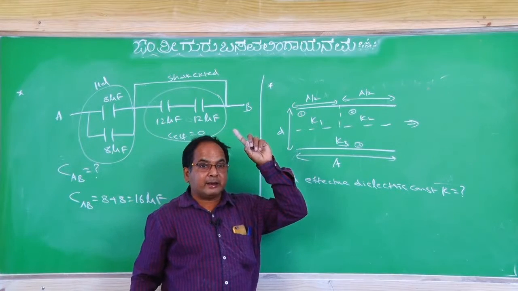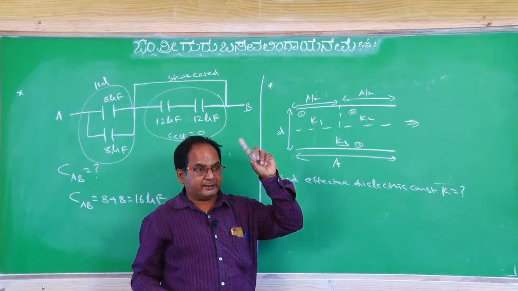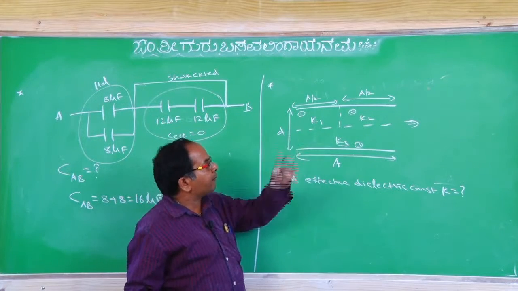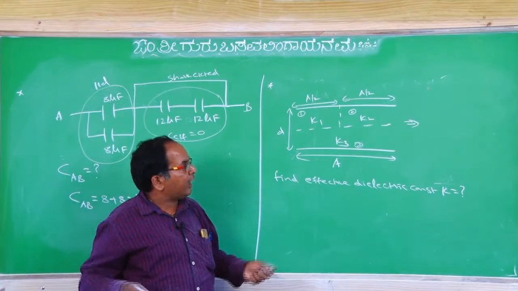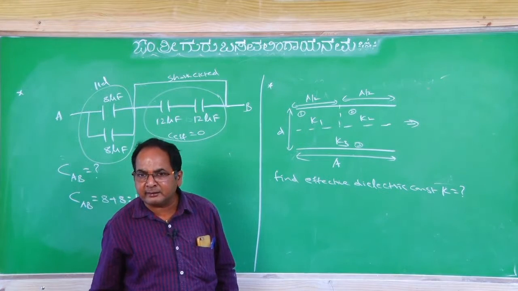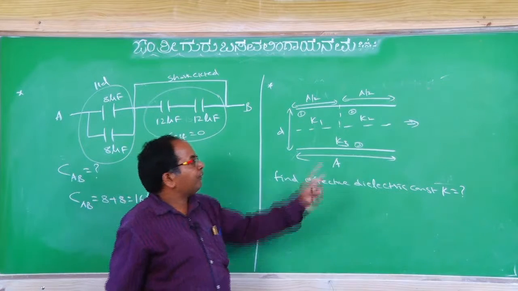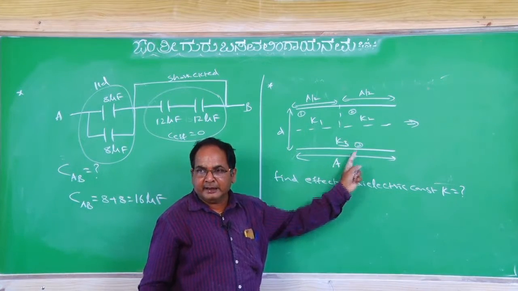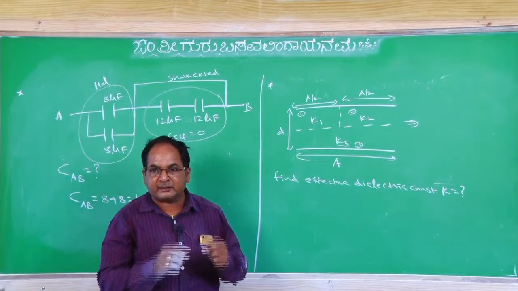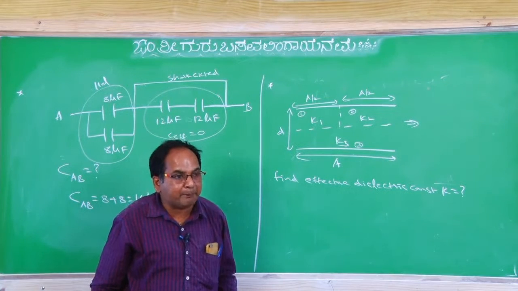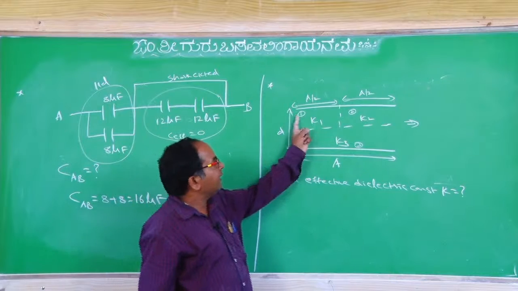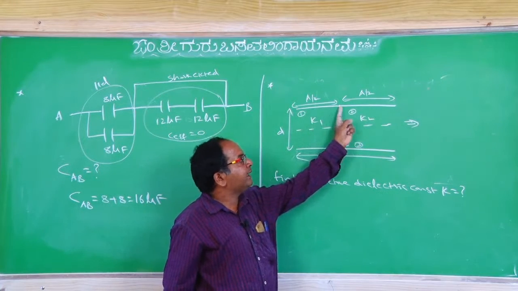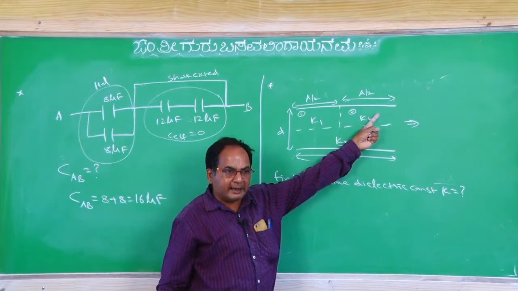Parallel combination means what? Common points, meaning common plates. Here common plates are joined for which capacitors? First capacitor, second capacitor, third capacitor. In this, common plates are had by which capacitors? 1 and 2. Why? In 1, this side plate and this side plate are connected.